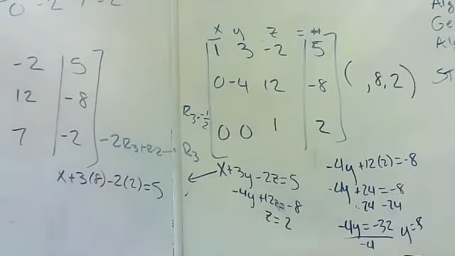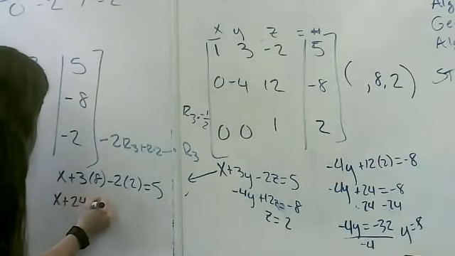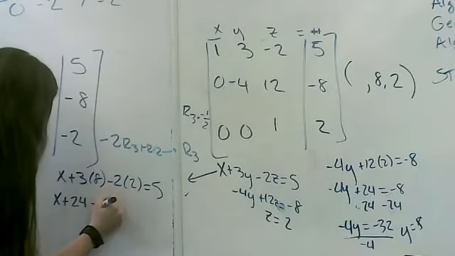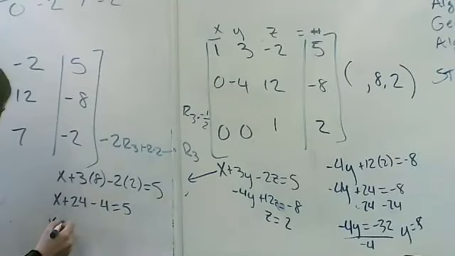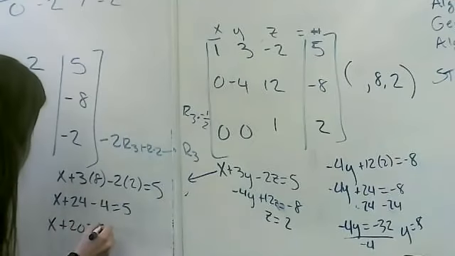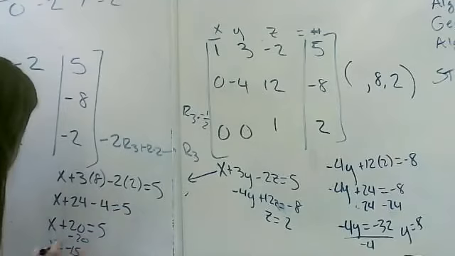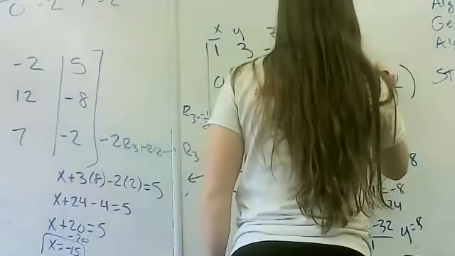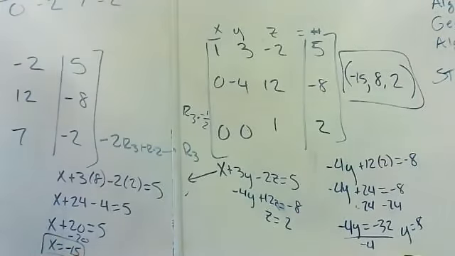Plugging in 2 for z and 8 for y, you get x plus 24 minus 4 equals 5. So x plus 20 equals 5, giving me, once I subtract 20, x equals negative 15. So the last piece of this puzzle is that x equals -15. That would be the solution.